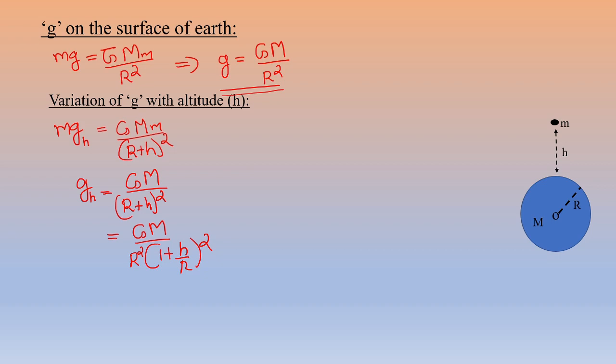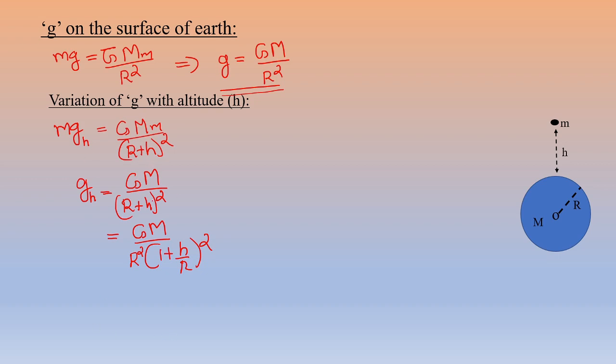In the first term, when we take it outside, it becomes 1. So 1 plus, and there is no capital R term in the second, so we have to write it, that is h by r. So 1 plus h by r whole square. But what is G M by r square?